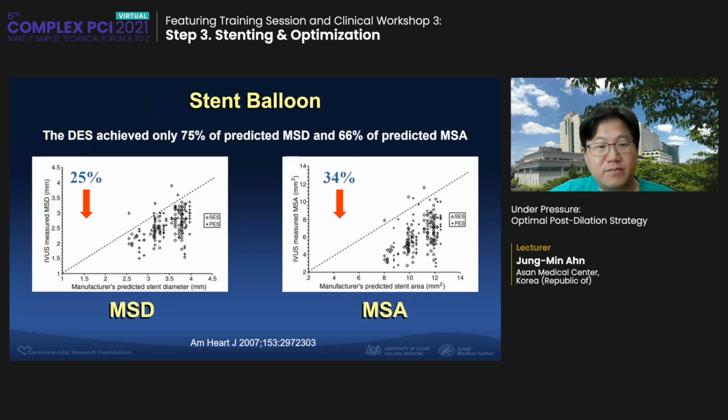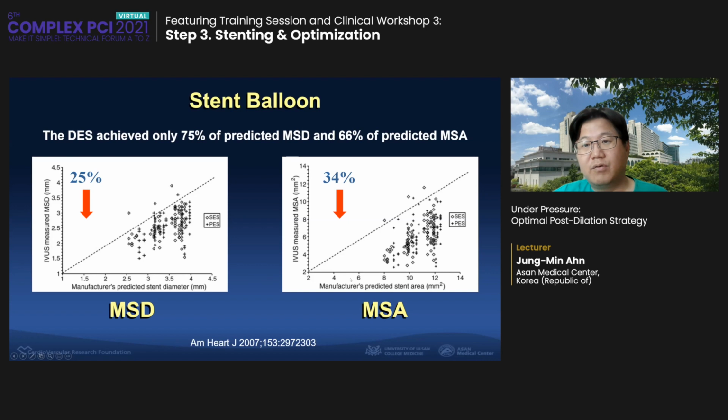First, this is a very famous graph. The stent balloon is not enough, even though the stent is well expanded angiographically. When we evaluated by IVUS, DS achieved only 75% of predicted minimal stent diameter and 66% of predicted minimal stent area.